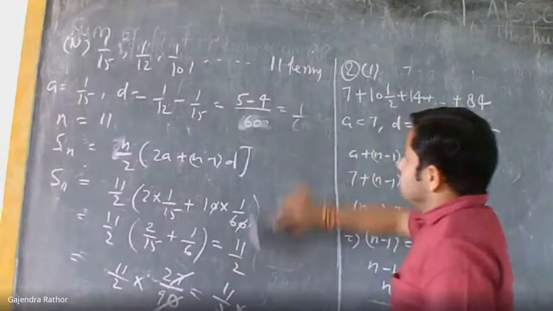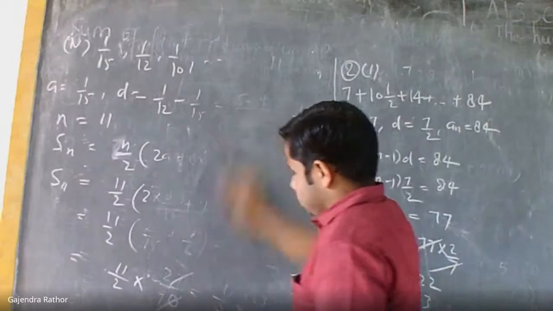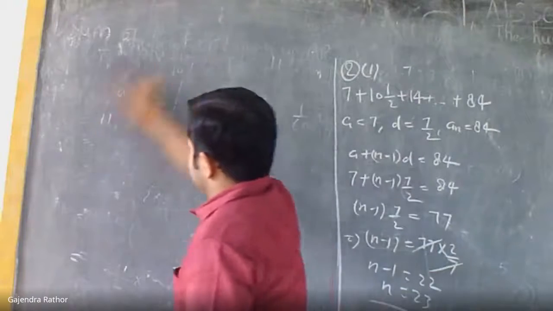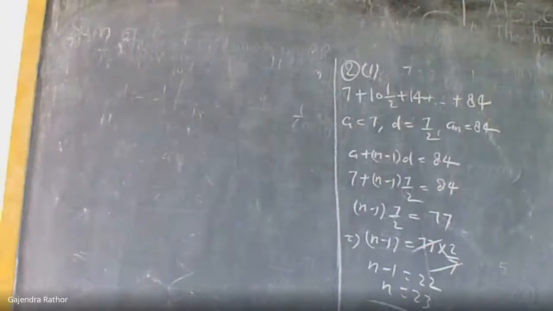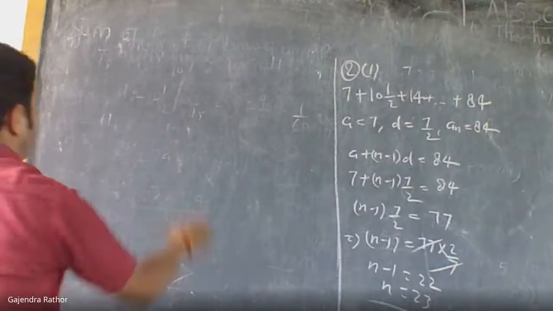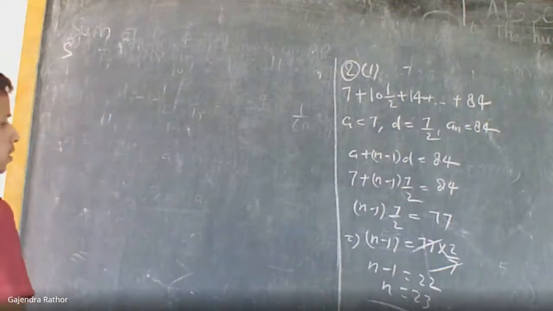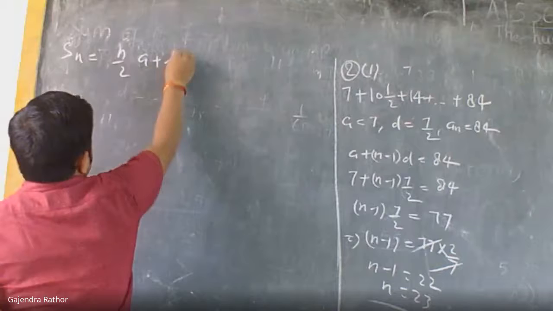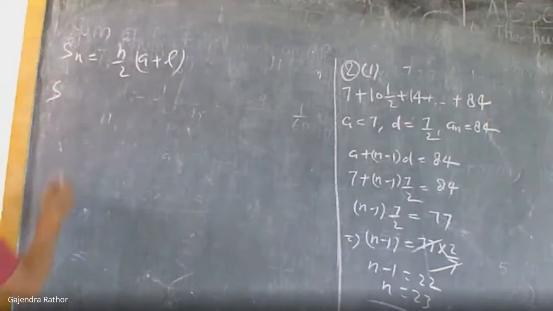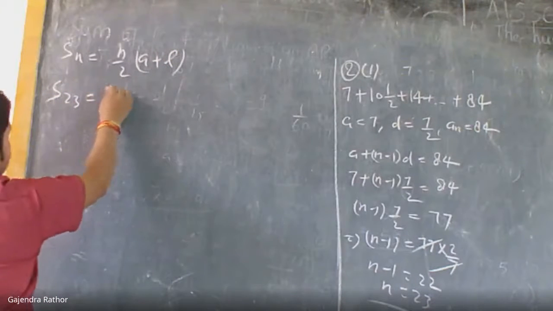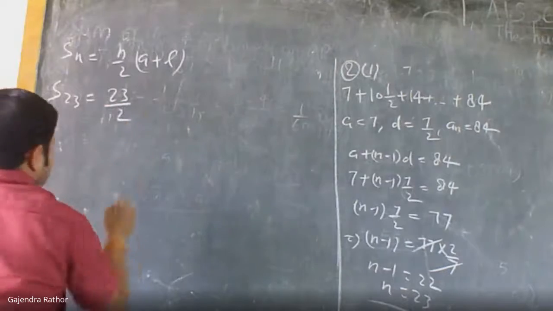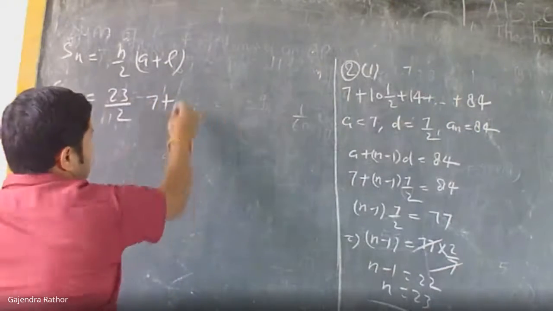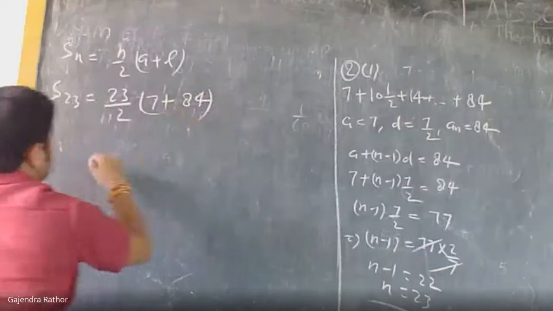Now we will apply the second formula for first. Apply the second or first formula. Sn is equal to n by 2 into a plus l. Sn, n is equal to 23, is equal to 23 by 2. What is the first term? That is 7 plus the last term is 84.